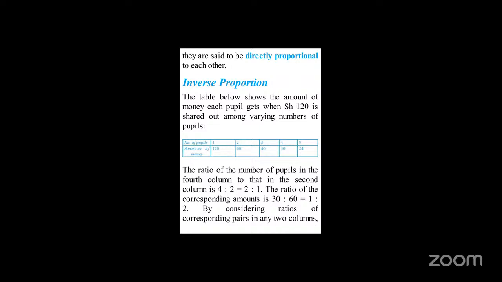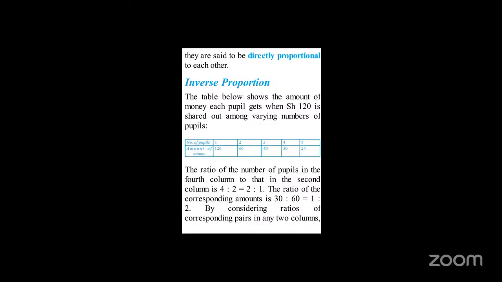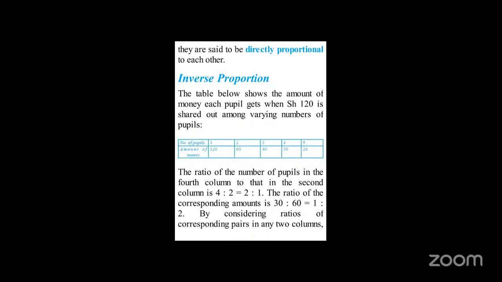proportion. In this case, we have another scenario, the number of pupils and the amount of money to be spent or to be shared. When we have one pupil, this one pupil will be able to spend the whole of 120. But when the pupils increase to two, the amount reduces to 60.